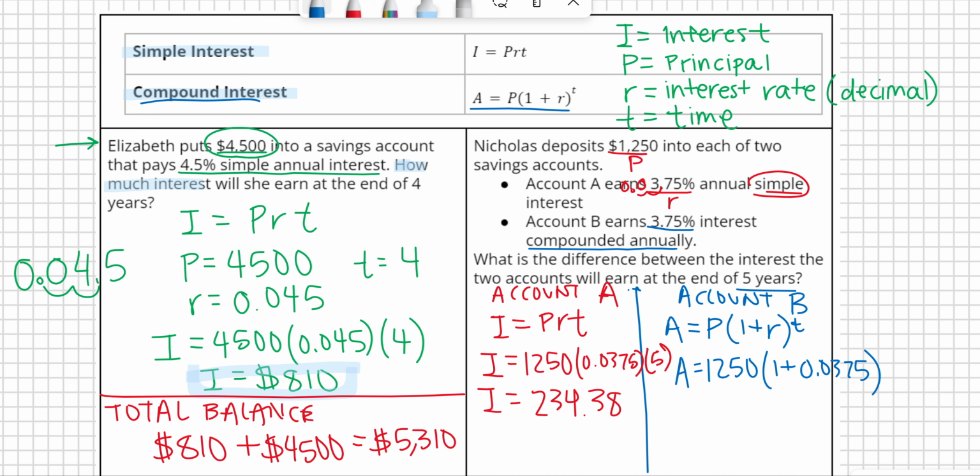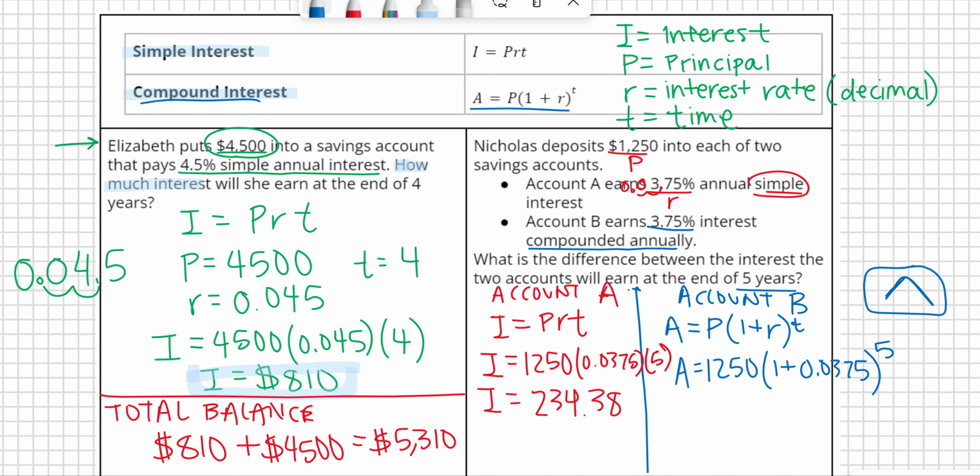It's 5 years, so I'm going to do to the power of 5, like that. And I'll enter this whole line into my calculator exactly as I wrote it. Remember to do to the power of 5 on your calculators, you want to look for this button. It looks like this on your calculators. That's how you do to the power of.